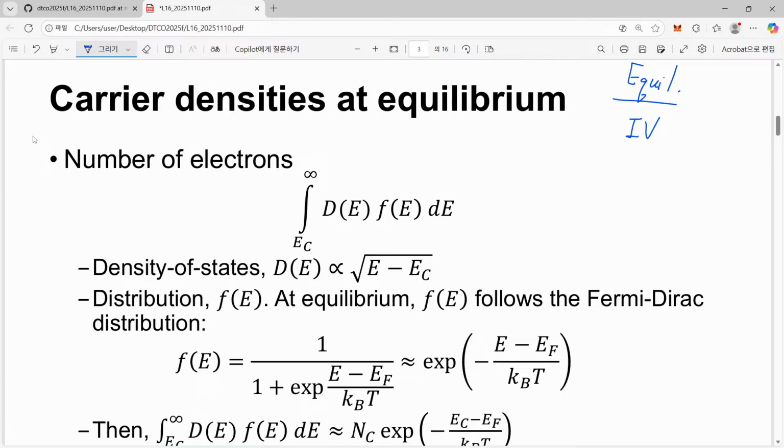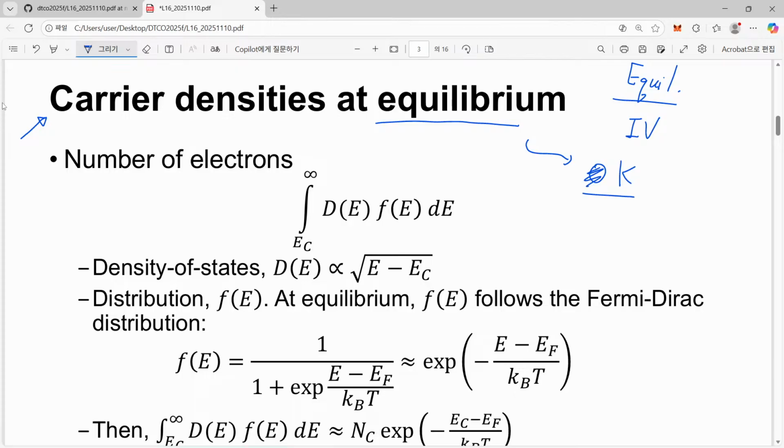But at least I have to say this one. This is important to understand the behavior of our code. Carrier density at equilibrium should be calculated. Equilibrium here does not mean, for example, the equilibrium in the sense of a physics course. So we do not assume zero temperature.